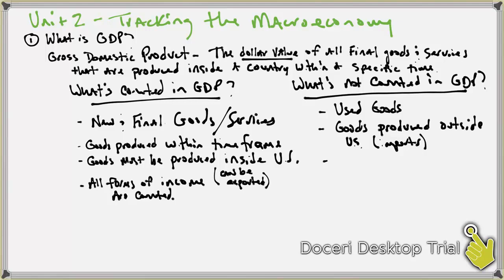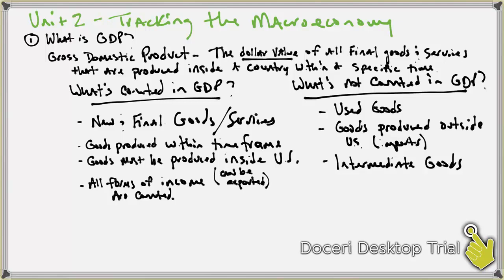And the next thing that's not counted would be intermediate goods. And intermediate goods are just goods that are used to produce final goods. So a final good would be like a car, an intermediate good would be the tires or the seats or all the components that go into making a car.